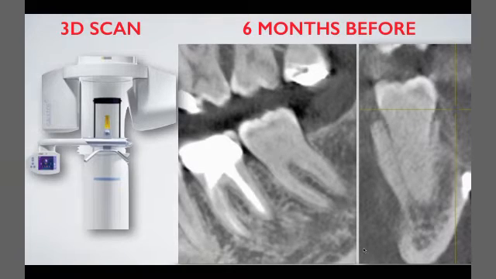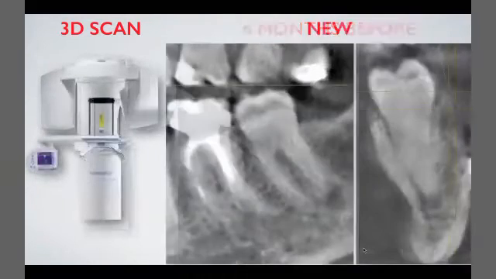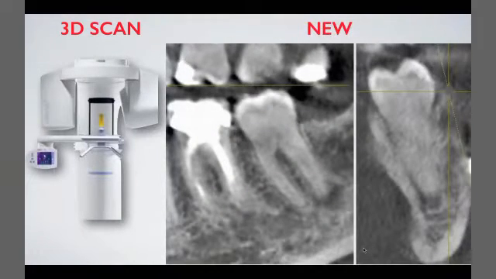In the examination, I did another CBCT before starting to see what is happening. And look at this. With the new CBCT, 6 months after the old one, you can see the periapical lesion on the distal root. So now we have no choice.